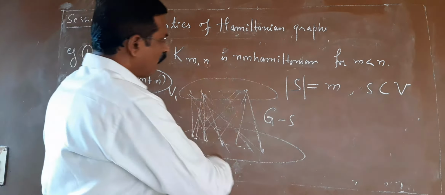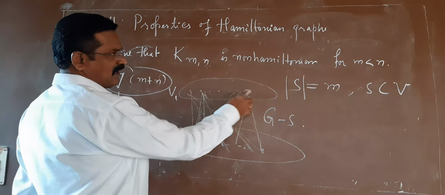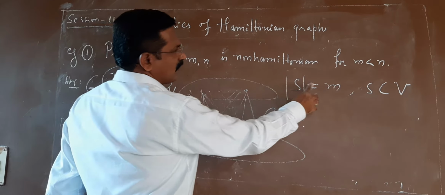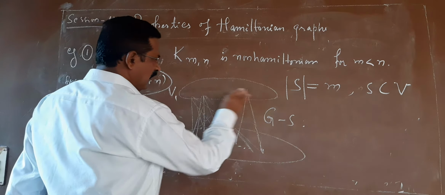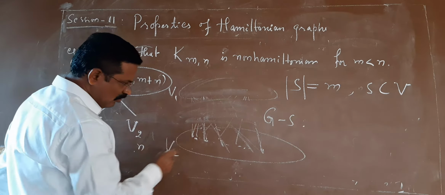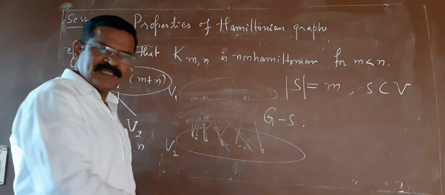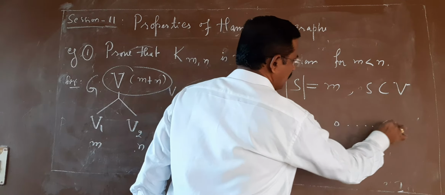If I delete all the m vertices of S, you are going to get a disconnected graph containing n vertices.